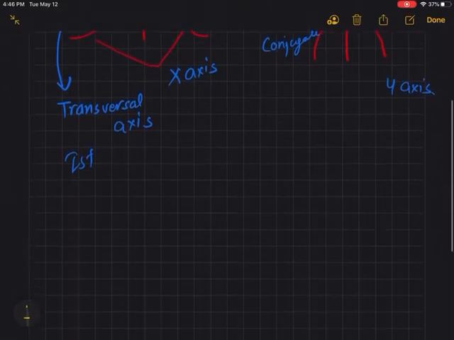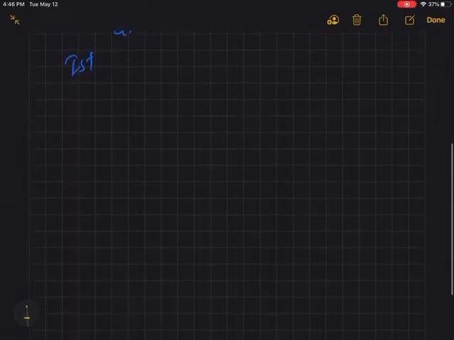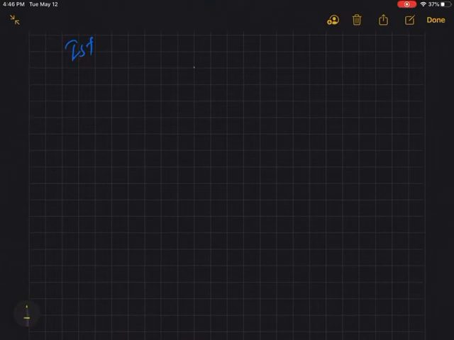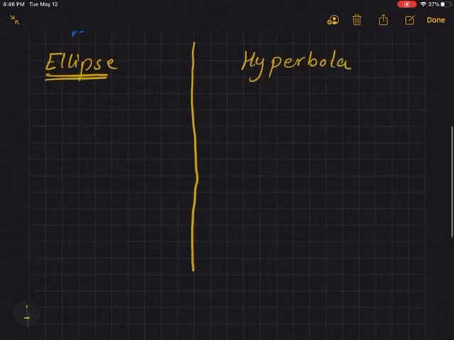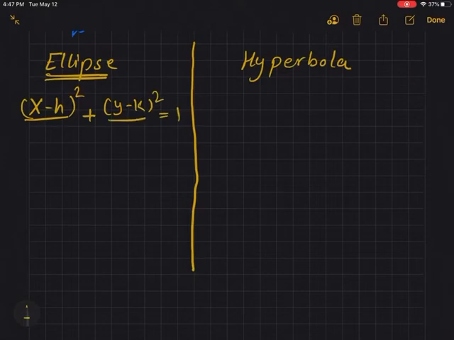Okay, so for the next part, in order to understand the equation, on the left-hand side I'm just going to have all the information about ellipses, and on the right-hand side we'll talk about hyperbola. It would be easier to make that connection if I do this. Try recalling ellipses. You have x plus y, and then it was equal to 1, and each variable has a distance under it, right?